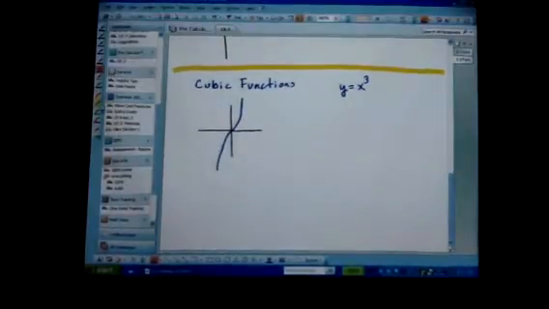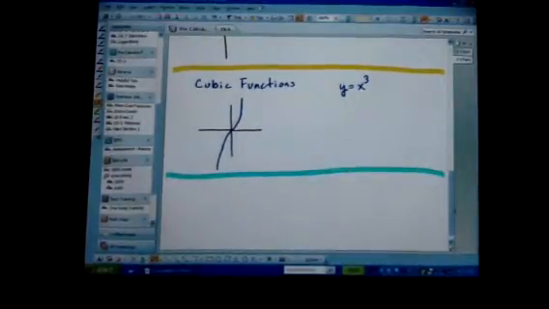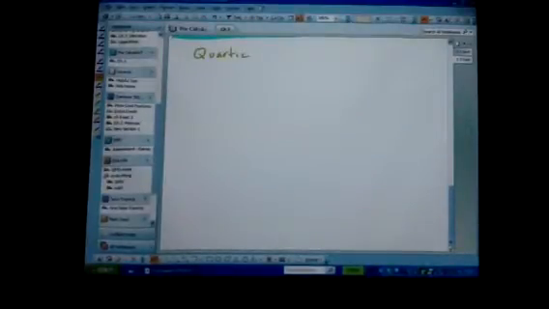Okay, number 3, the family that we're going to study is called the quartic family. Quartic.